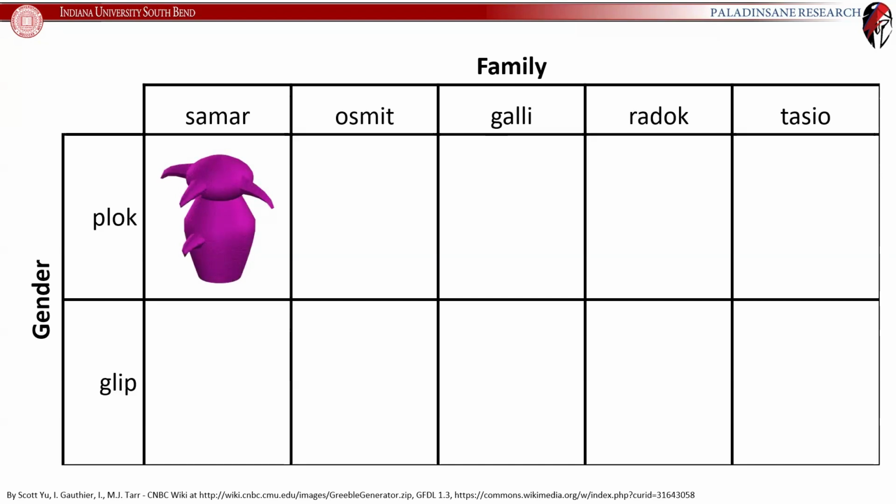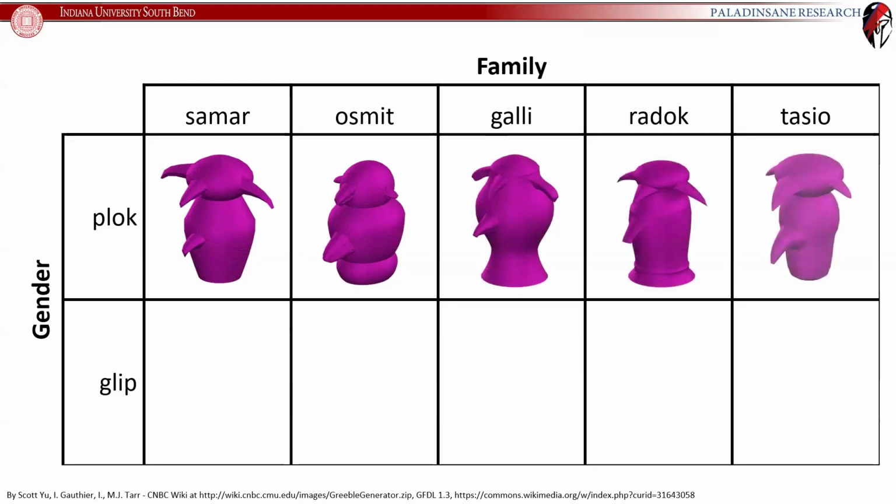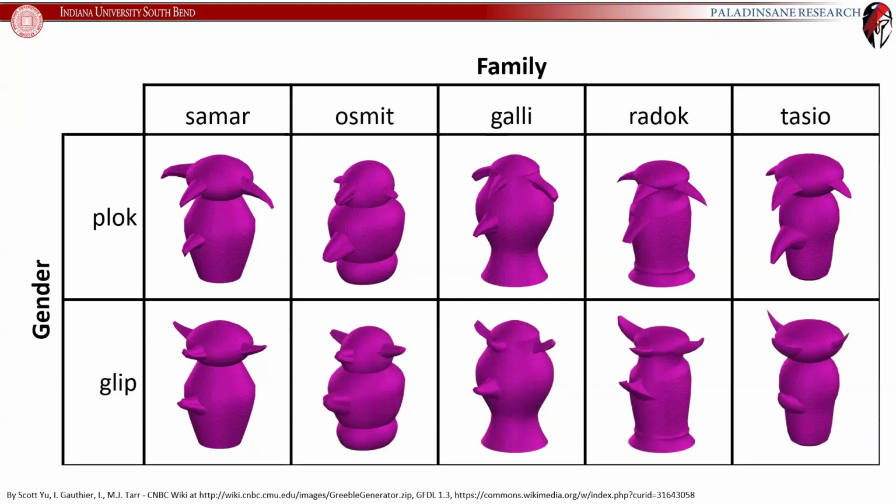And you can also have a plok Osmit greeble, that's what they look like. And you can have a plok Galli greeble, so they look like plok Radok, plok Tasio. And then you can have the other gender, glip, from the same families. So the Samar family, but a glip looks like this. So we got plok at the top, we got glip at the bottom. And we can do that for all the other 4 families.